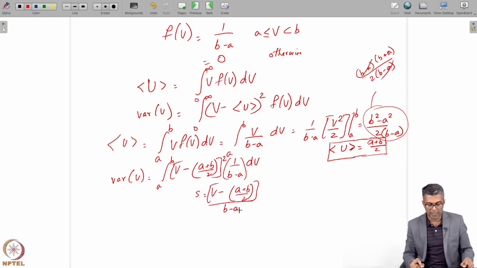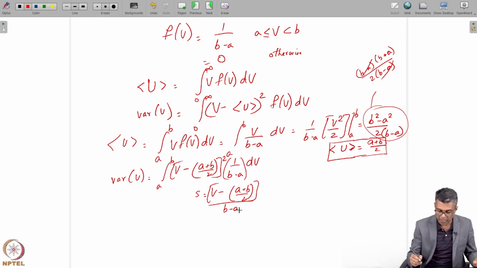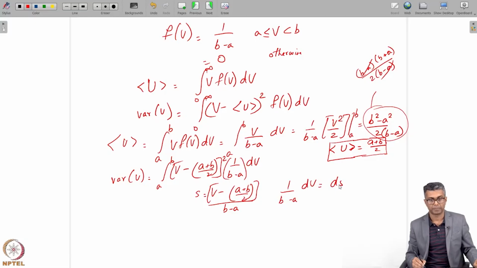That s is equal to (v − (a + b)/2)/(b − a). So that means 1/(b − a) dv is equal to ds. Okay, so I already have that in my integral.